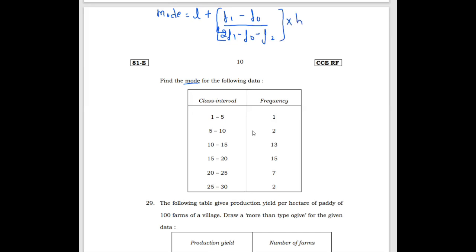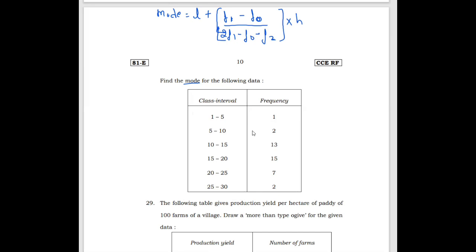L plus H always, then 1 0, 1 0 2, and 2 at the end. Remember, 2 and 2 at the ends. Like this, you remember 1 0, 1 0 is there at the numerator. Now this is the formula. Now let's go back to the question.